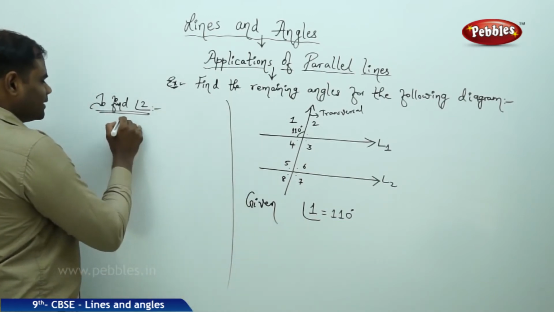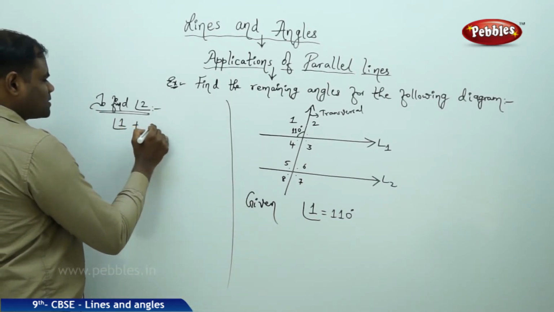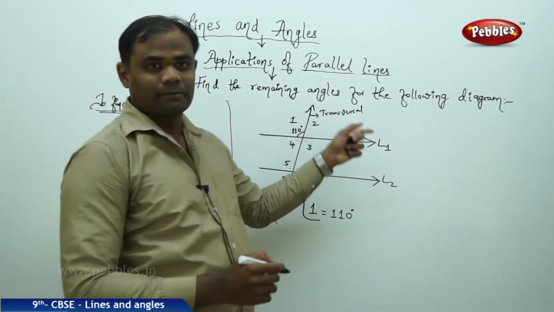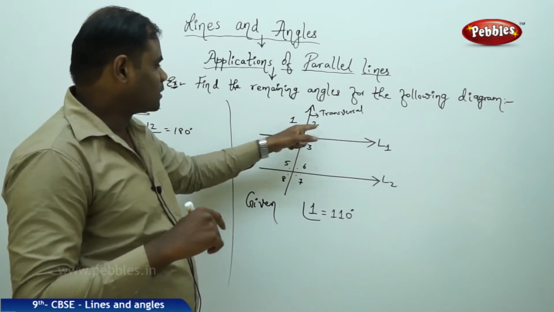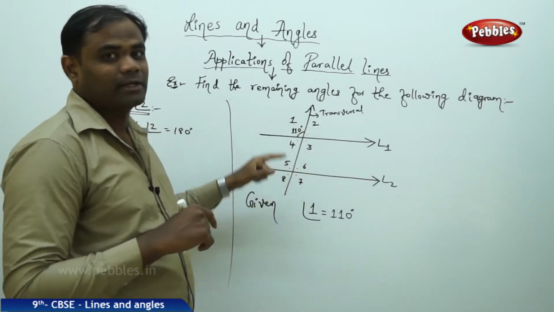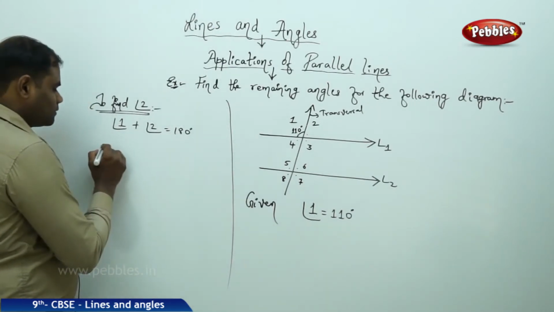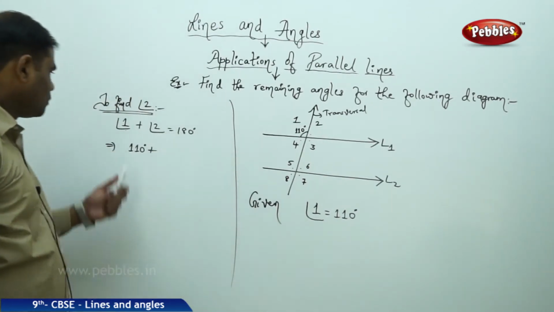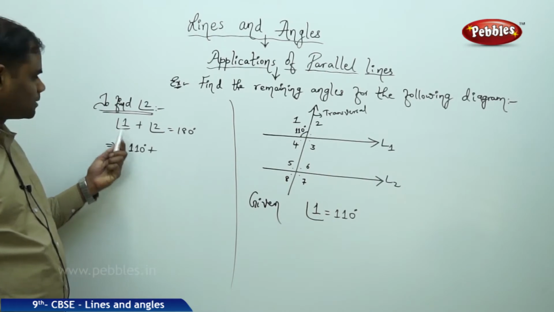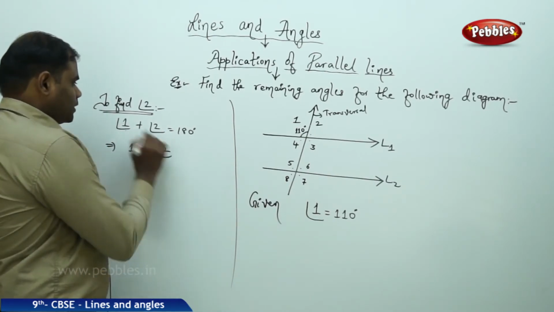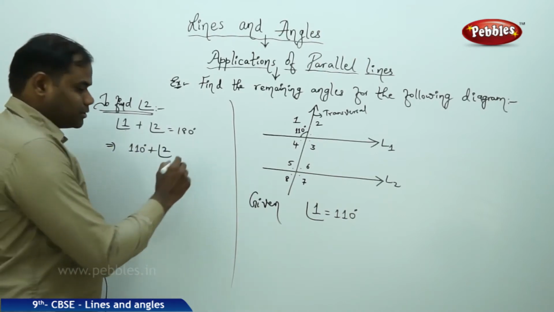So we know that clearly angle 1 plus angle 2 is 180 degrees, because this makes a straight line. Therefore, angle 1 plus angle 2 makes a straight line, that is 180 degrees. That implies angle 1, which is 110 degrees, substituted for angle 1 here, plus angle 2, which I need to find using this equation.